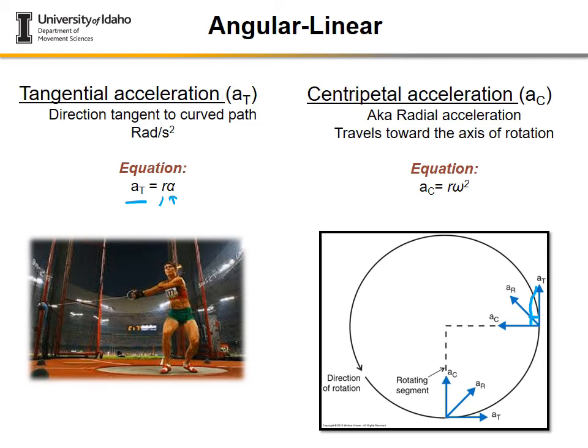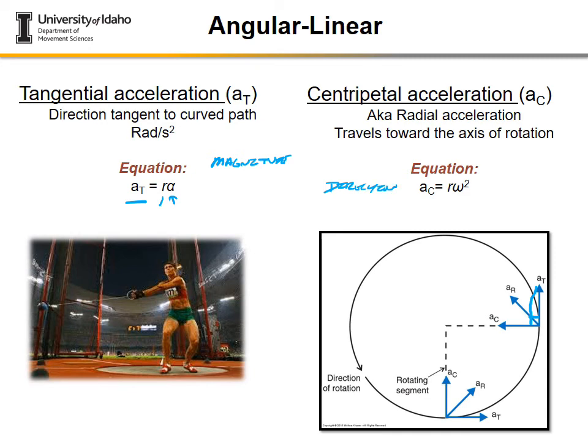Tangential acceleration uses the angular acceleration in its equation, and centripetal or radial acceleration uses the angular velocity squared. Tangential acceleration represents the magnitude of the resultant acceleration, whereas centripetal acceleration is the direction of the acceleration.